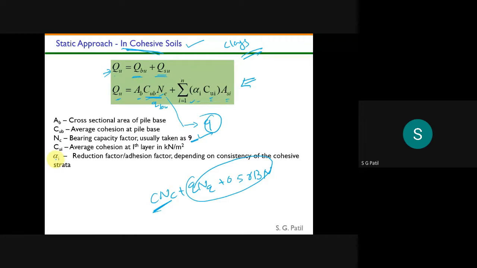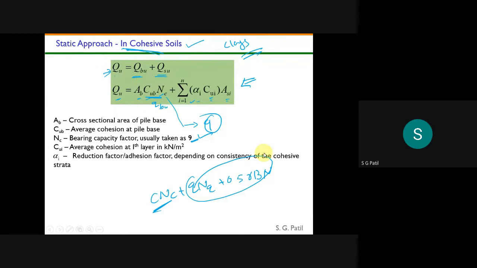This alpha value, the K value and the NQ value. Anyway, NC you should remember. Okay, it's a simple number, 9 you should remember. Like in your shallow foundations, NC was 5.7. So like that, in pile it is 9.